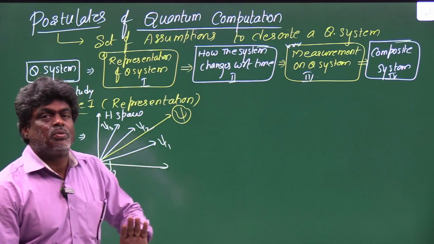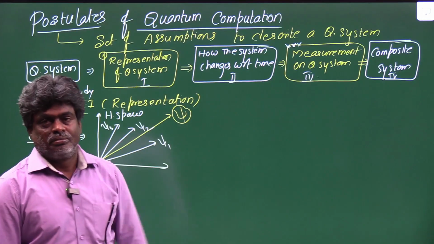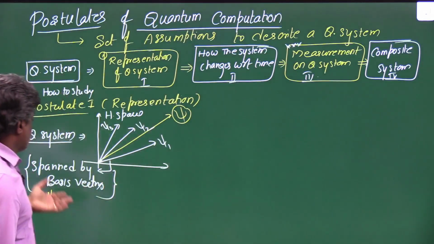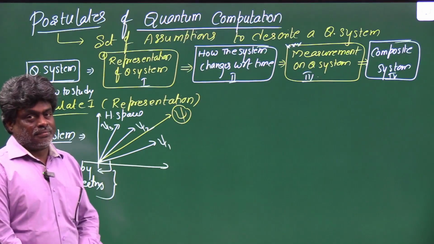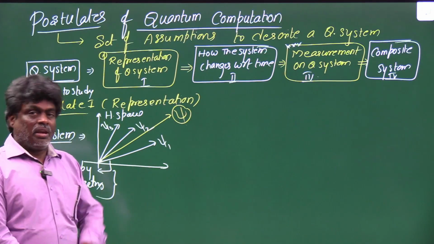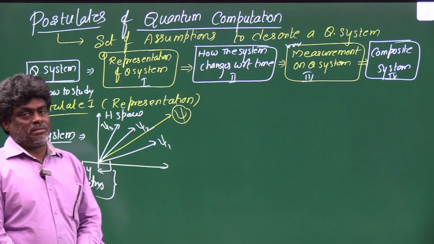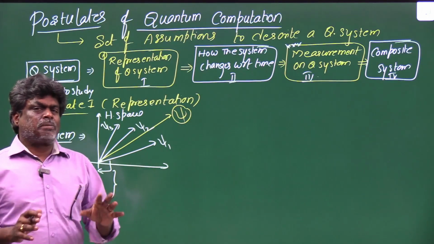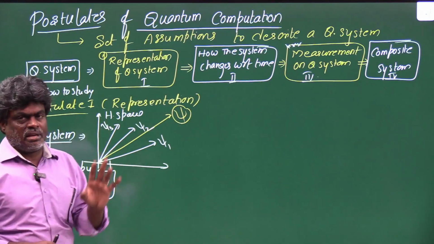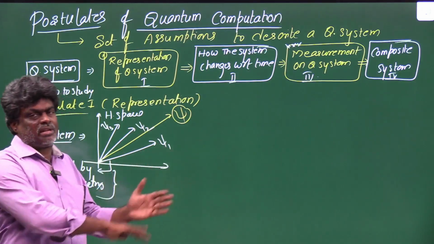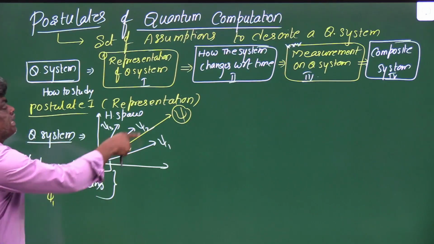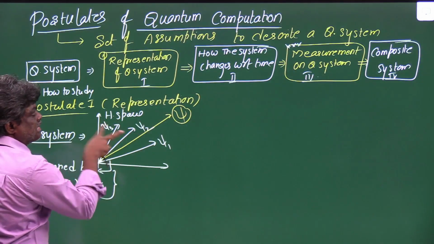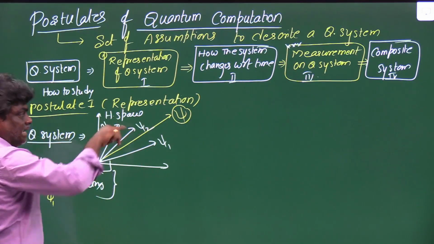In which basis you want to express, that is up to you. If you want to take Z basis, that is 0 and 1. If it is X basis, plus minus. We can express the system in any basis, and we can transform one basis to another. I am taking more generally, because Z basis contains only 2; I have taken 3, that's it.